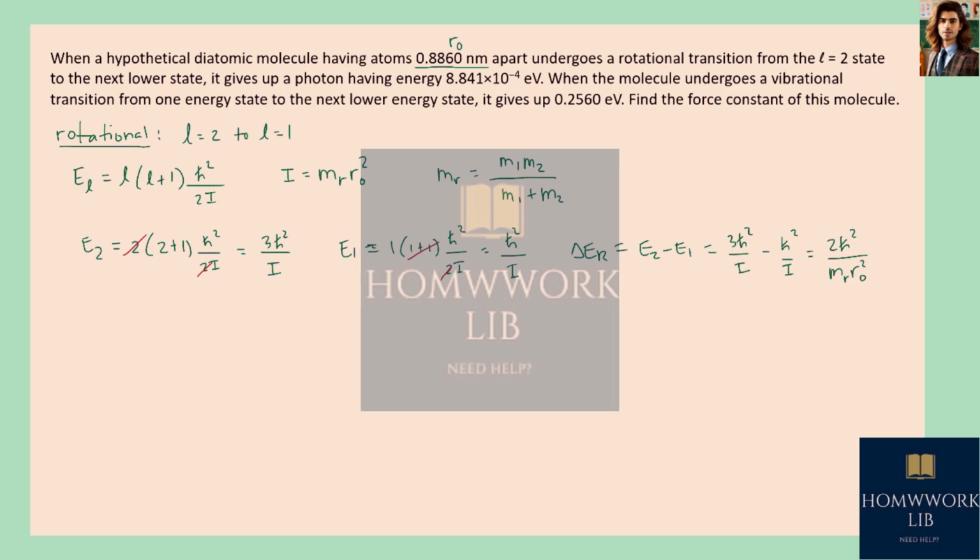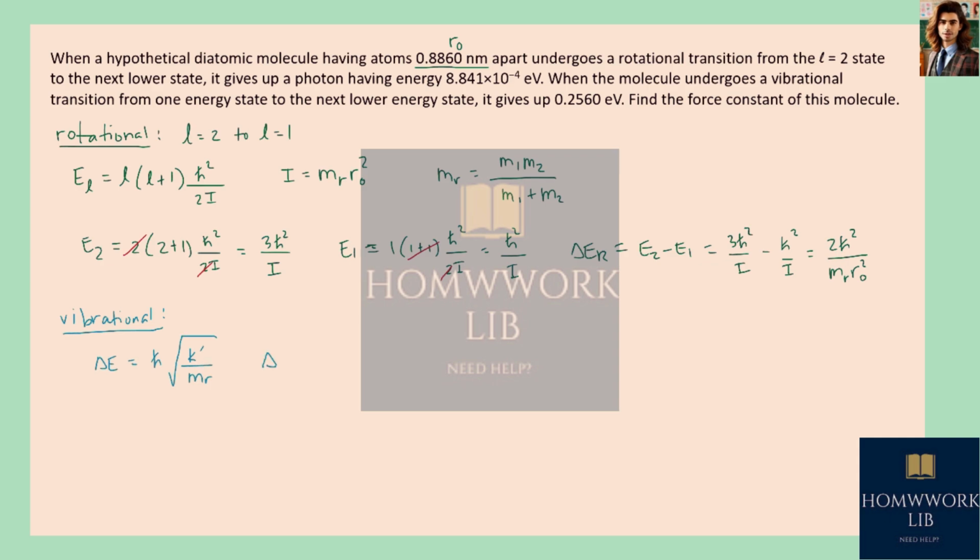So that vibrational transition is given by delta E equals h bar times the square root of K prime, that's going to be our molecular force constant, divided by the reduced mass.